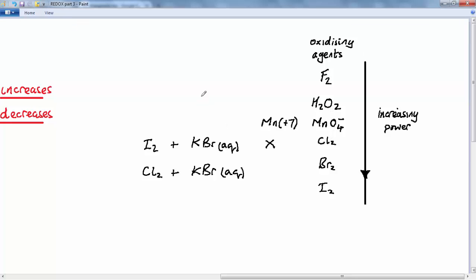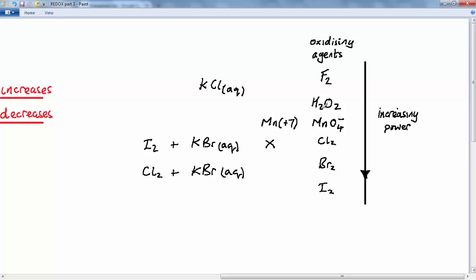So, for example, if I had a solution of potassium chloride and I wanted to oxidize the chloride ion, then I wouldn't be able to use either bromine or iodine, as we've just mentioned, because they are below chlorine in the reactivity series. That's to say, they are weaker oxidizing agents. To be able to oxidize the chloride ion, we need a more powerful oxidizing agent.